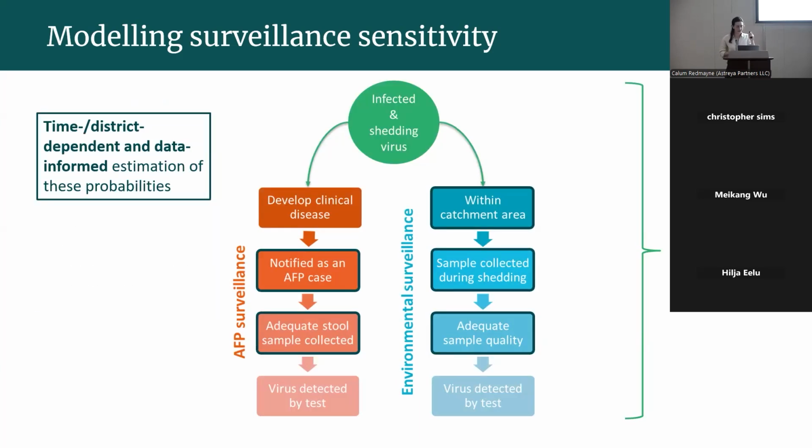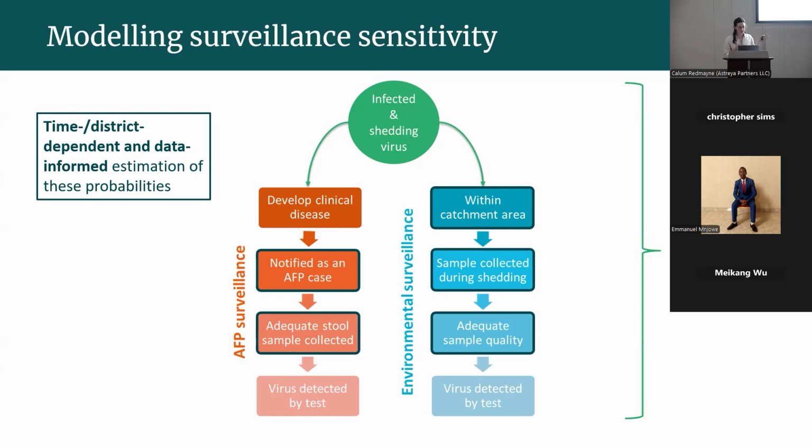But for others of these, we do consider that they're going to be variable over space and over time. And so we take advantage of those routinely monitored indicators of surveillance performance to inform a probability distribution based on recently observed data in each particular geographic unit, that's updated for each time step on a rolling basis, to give us a local and time-dependent measure of the probability of progressing through each stage based on data from that particular area.